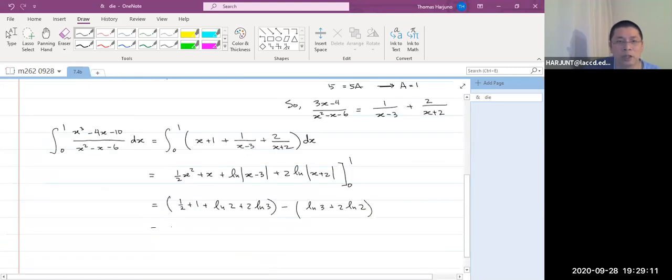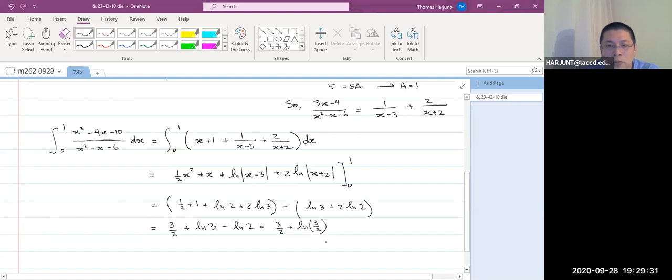Which will be 3 over 2 plus natural log of 3 minus natural log of 2. So 3 over 2, 1.5, plus natural log of 3 over 2. That's the exact solution.